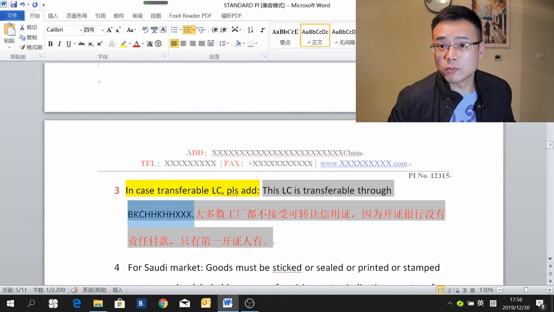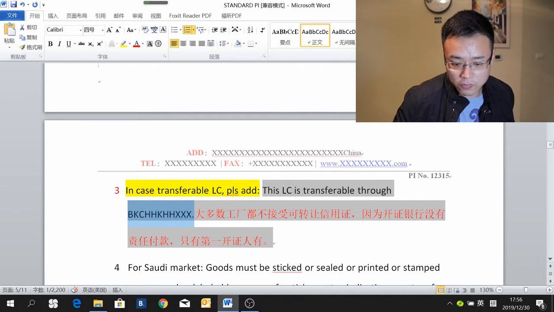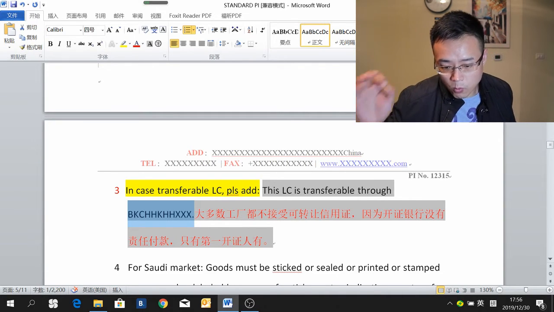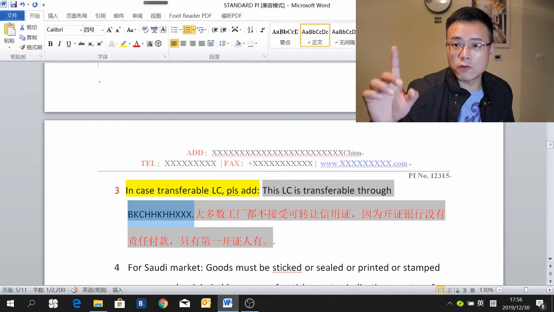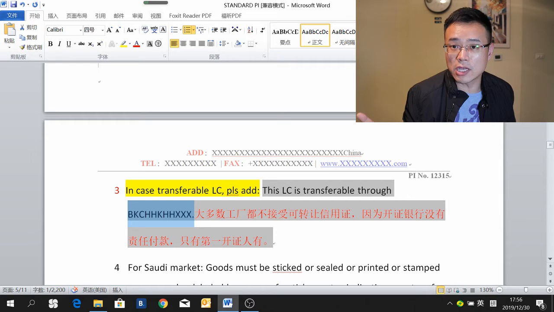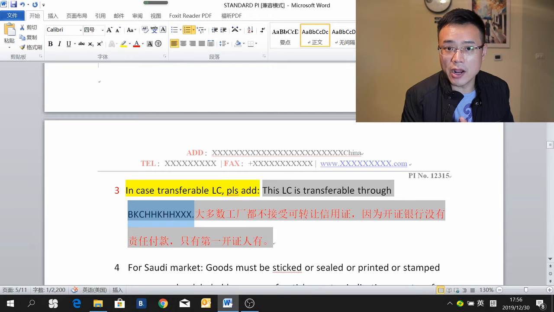A lot of mills, I have to mention, a lot of manufacturers, they don't accept transferable LC because with a transferable LC, the one who transfers this LC is not obligated to make payment to you. Only the first applicant who really issued this LC is legally bound to make payment, no matter how many traders, how many middlemen transferred this LC.